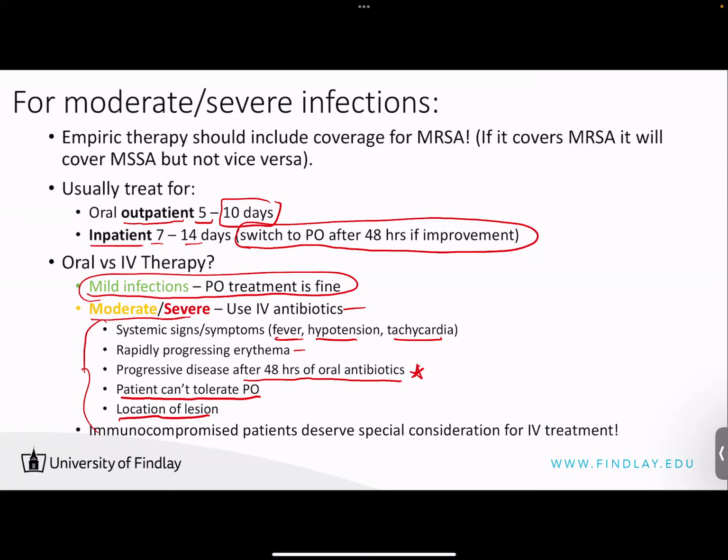So lesion here, prosthetic joint here, IV. Likewise, if I have a lesion on my chest and I have an implantable defibrillator, IV. And immunocompromised patients, IV.